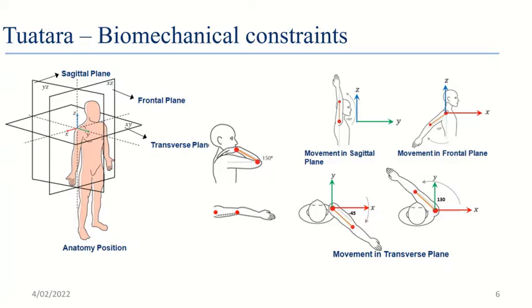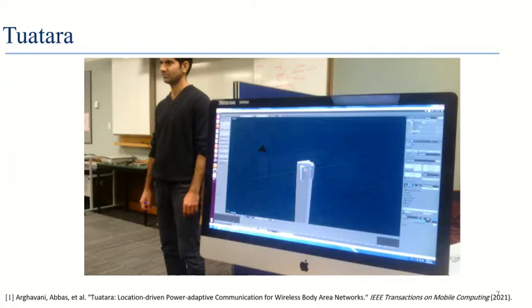That means if the sensor node can roughly estimate its location, it is enough for energy efficient, interference aware, reliable communication. So instead of using an extra sensor at the elbow, we considered some biomechanical constraints on human body movements, and then we designed this system.